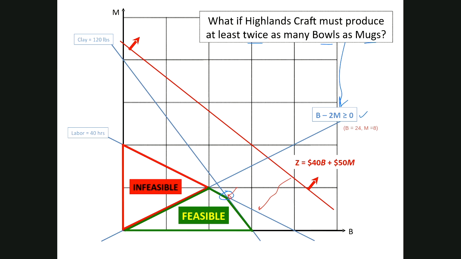So that certainly satisfies that constraint. And so the feasible region, even though it gets reduced, the optimal solution stays exactly the same, and you'll have $1,360 profit. Right? Work through that as an exercise. And now we're going to go on to another problem.